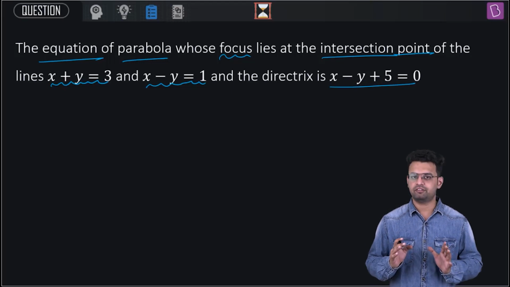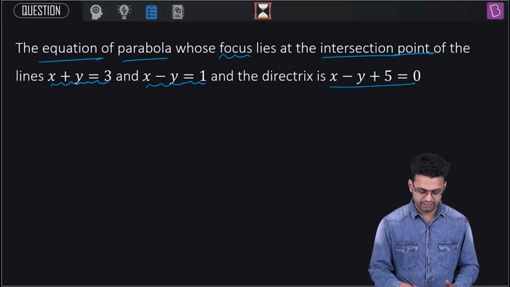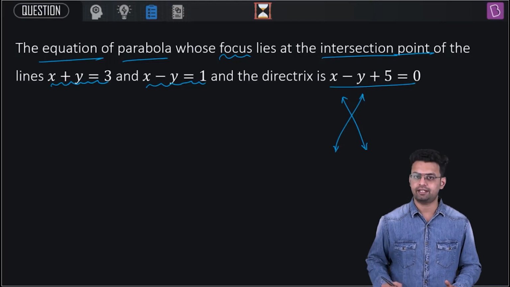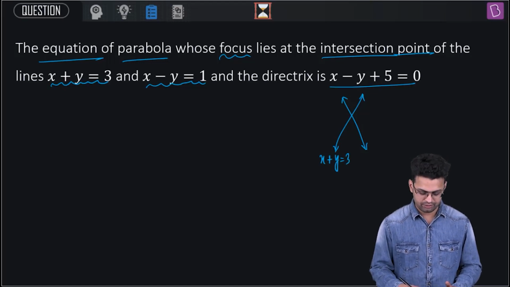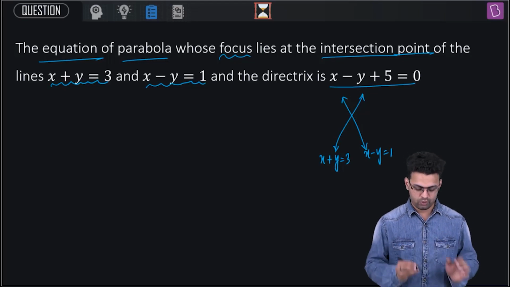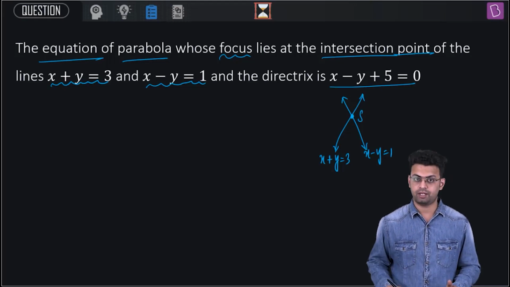So if we try to conclude this entire question, we can say that first of all, there are two intersecting lines. The equation of both the lines are given. One is x plus y is equal to 3 and the other one is x minus y is equal to 1. Now, at the point where these two lines are intersecting lies the focus of the parabola.